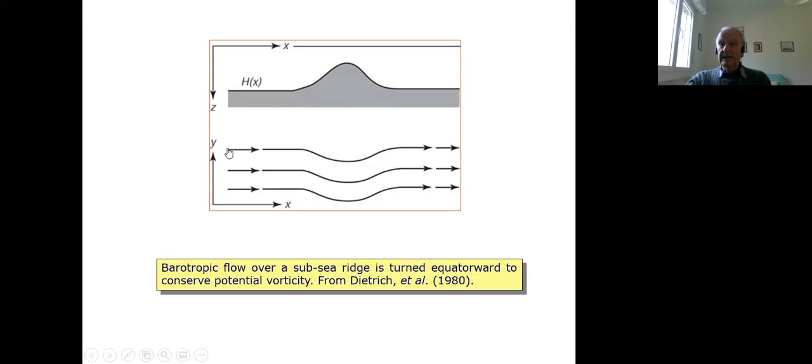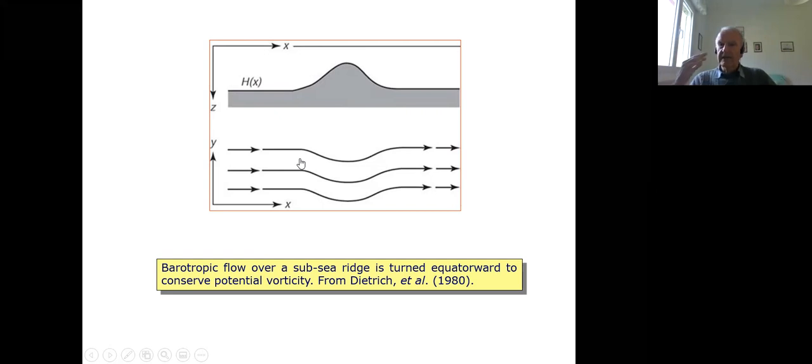Therefore, the water column has to move, leaving this bump at the bottom on its left, going southward.